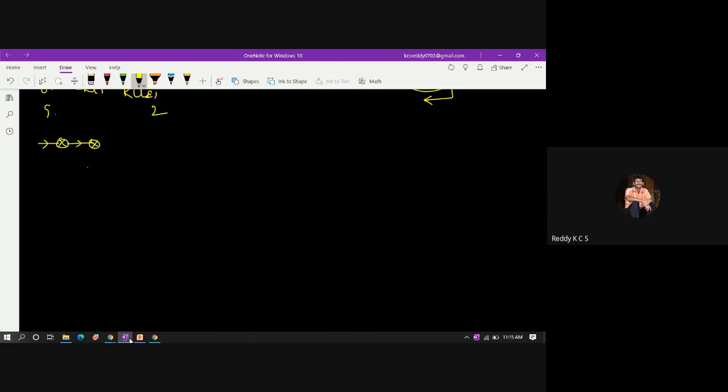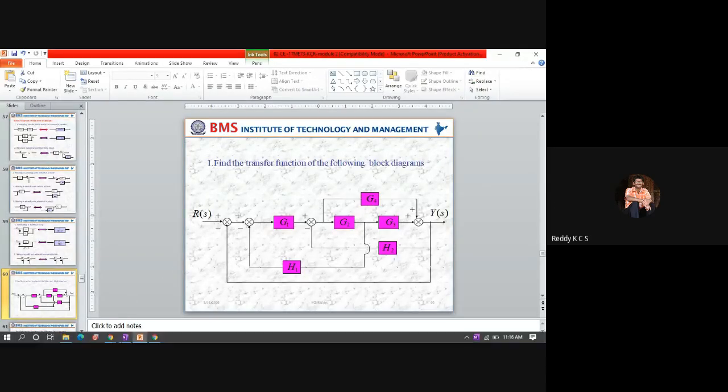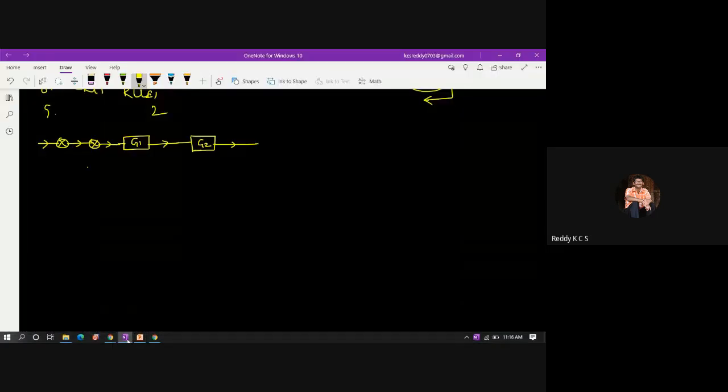Then we have G1, and then we have G2, and then G3. G3 is connected to the summing point once again. Between G1 and G2, one summing point is there. So one more summing point is here. And the G3 is connected to the summing point.